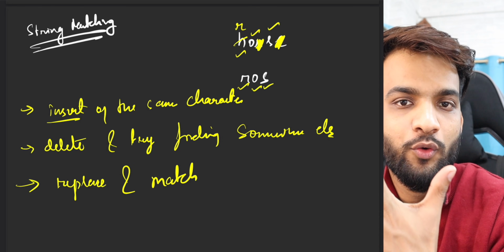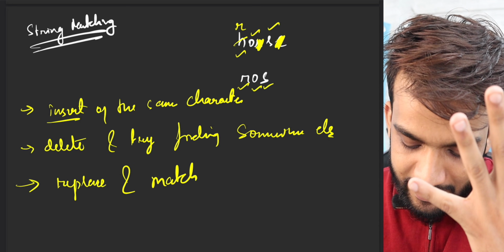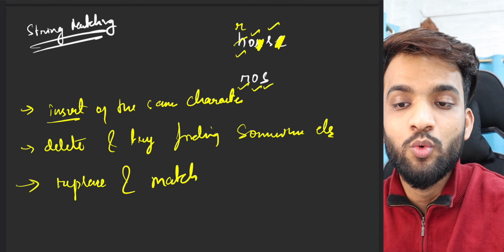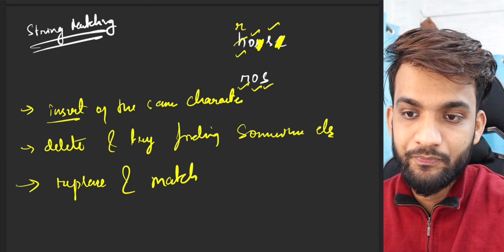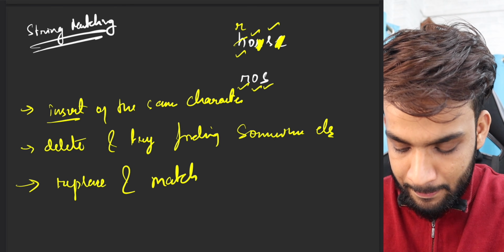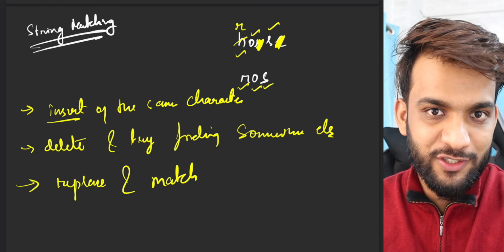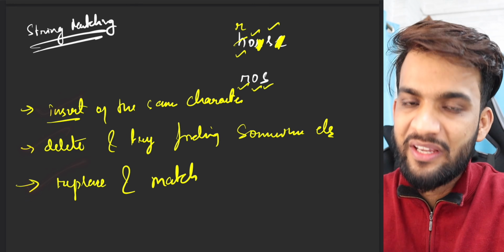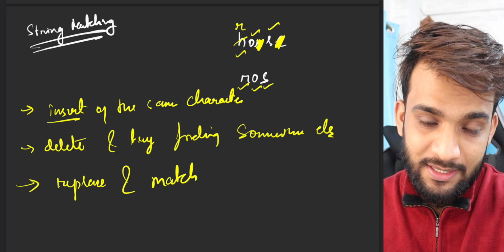So I know I have to try all possible ways because I can either insert, I can either delete, I can either replace and match. I can do a lot of stuff. So if I'm trying to do all possible stuff, I know among all these ways, I need to figure out what's the best.